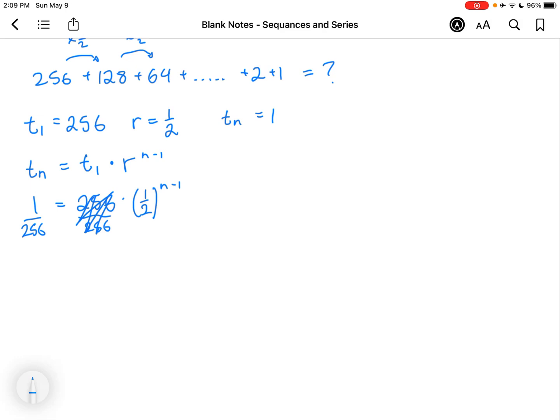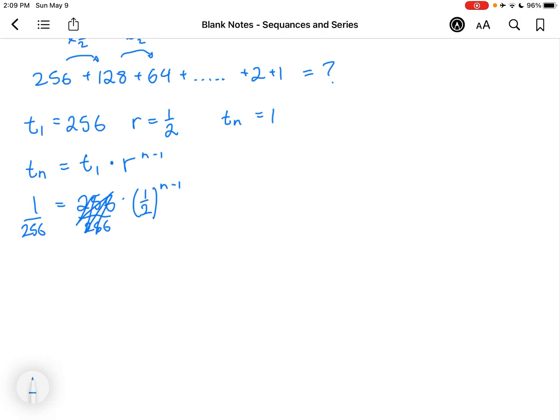And I get that. Okay, now if I keep multiplying a half by itself, 256 happens to be a power of 2. So I need to figure out what power of 2 is 256, and then that's going to be my n, right? Because if I square a half, I get a quarter. If I cube a half, I get an eighth. So these values in the denominator sort of mimic the powers of 2.